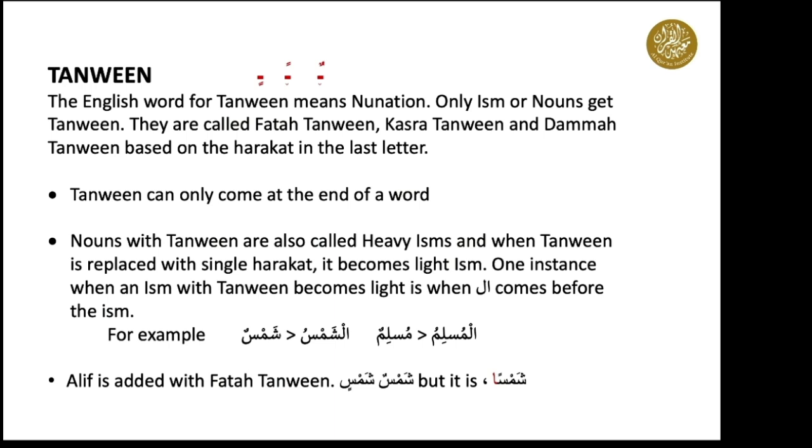Nouns with tanween are also called heavy isms, and when tanween is replaced with a single haraka, it becomes a light ism. One instance when an ism with tanween becomes light is when al comes before the ism. For example, shamsun becomes ash-shamsu. Muslimun becomes al-muslimu. Alif is always added with fatha tanween at the end.